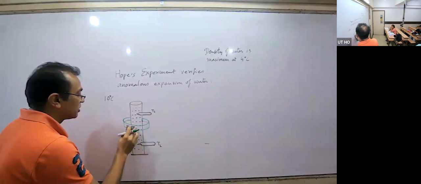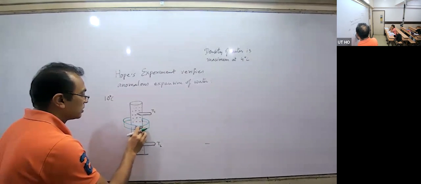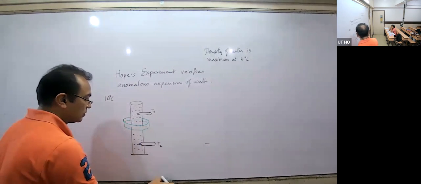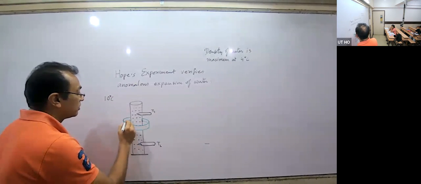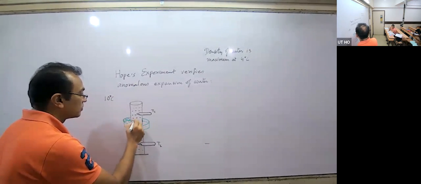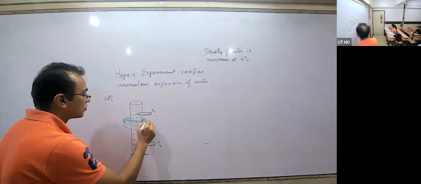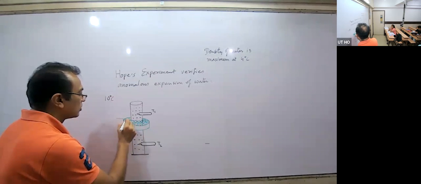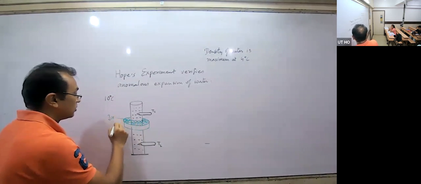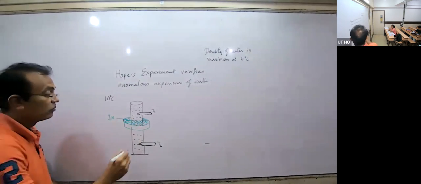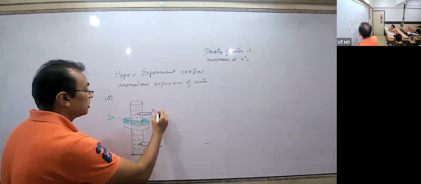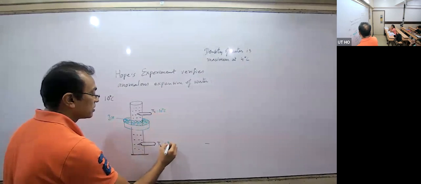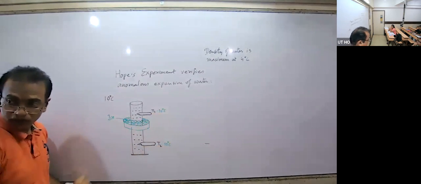So tray has been fixed in the middle. Now we have filled the tray with ice. Okay? Got it? So before filling the tray with ice, what was temperature shown here by T1? 10 degrees Celsius. T2 would also show 10 degrees Celsius, right? Before ice was filled in the tray.